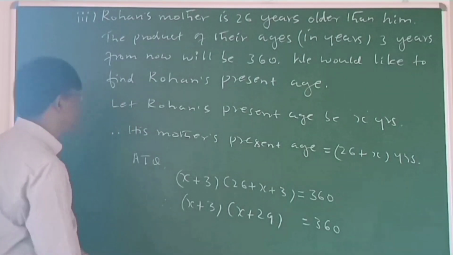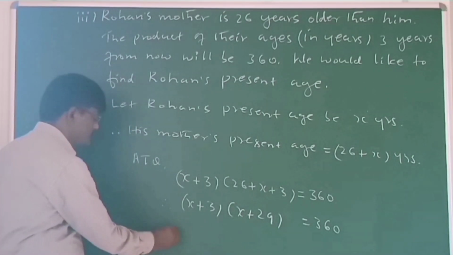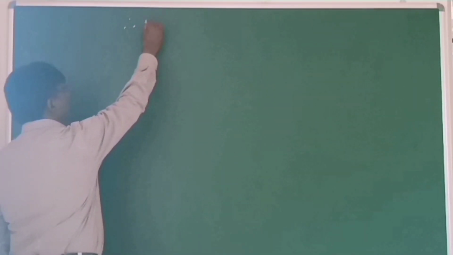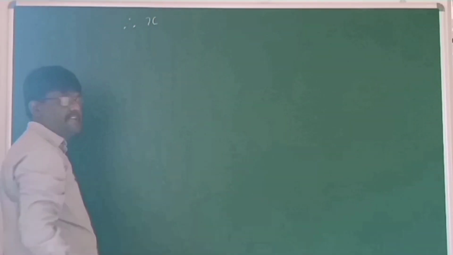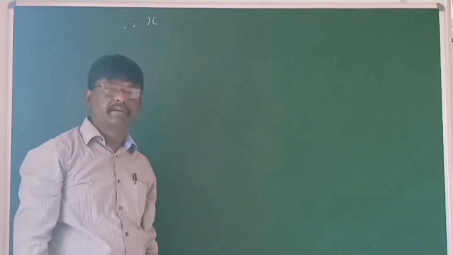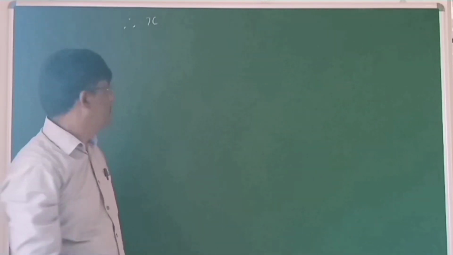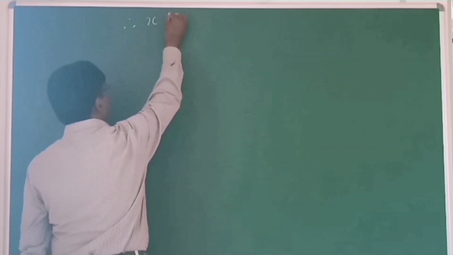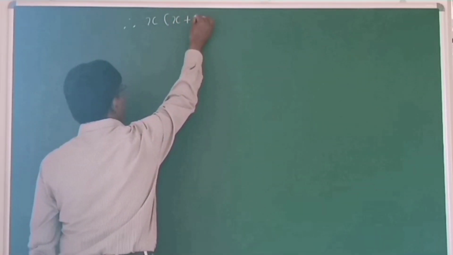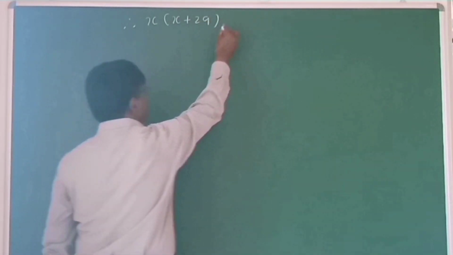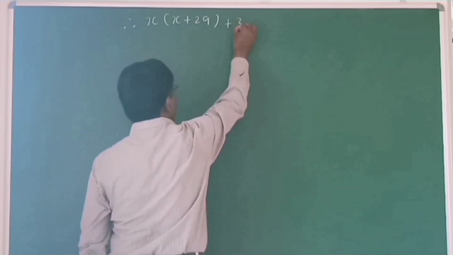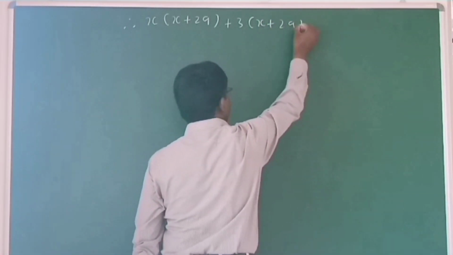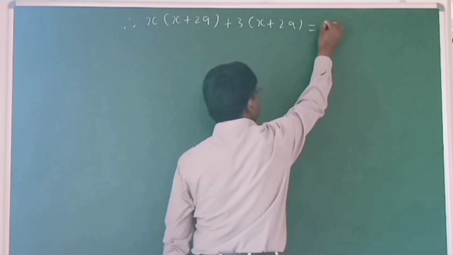Now therefore, x plus 3 into x plus 29 becomes x into x plus 29 plus 3 into x plus 29 equal to 360.